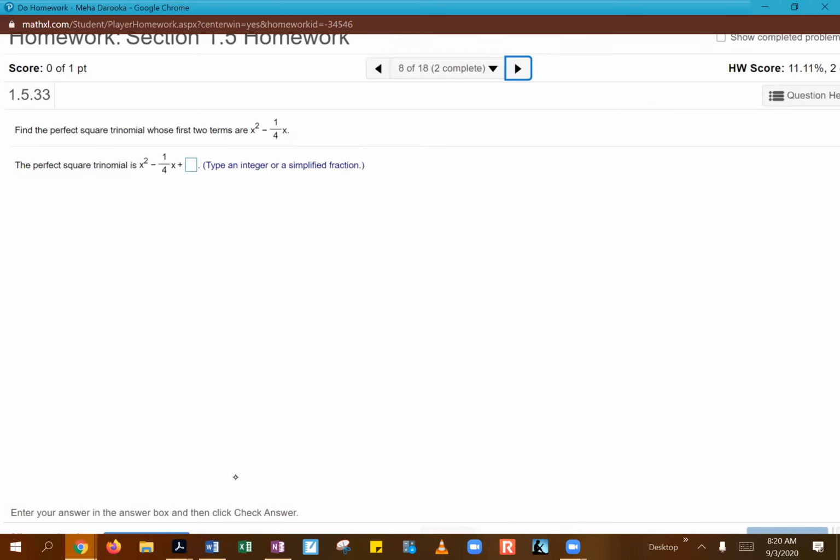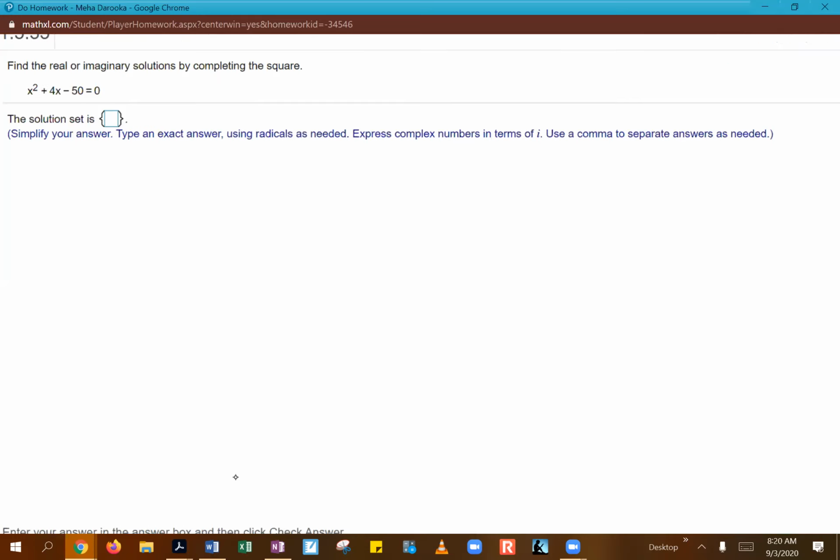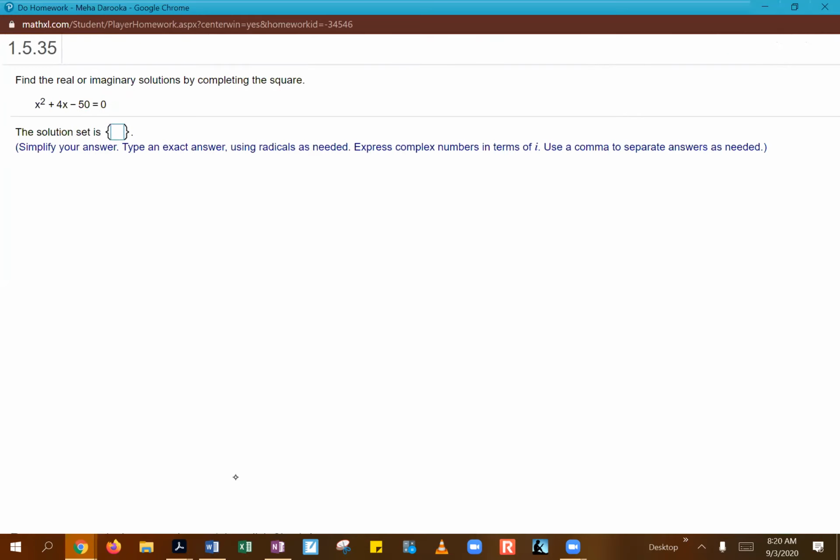So you're not solving your equations over here, you're just doing the completing the square part. The way it works is you only need the first two terms of your equation, the x squared term and the x term.